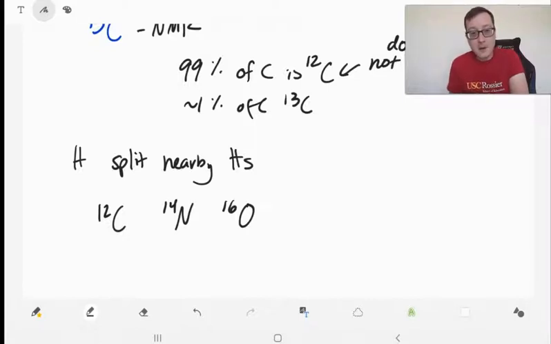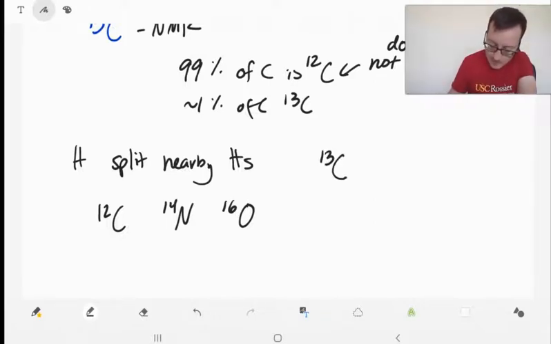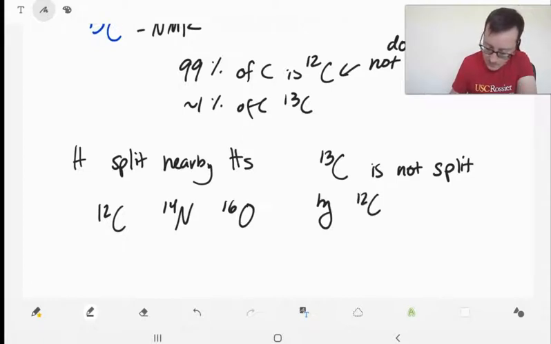But carbon-13 is. And so it's not going to be split by other carbons or heteroatoms.